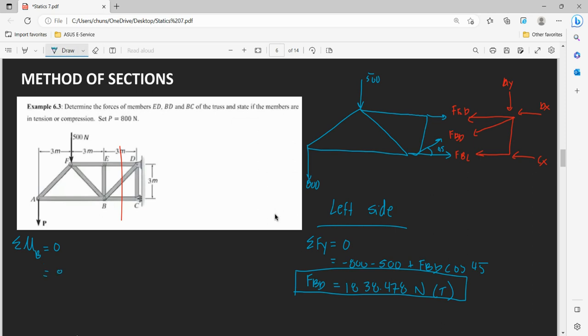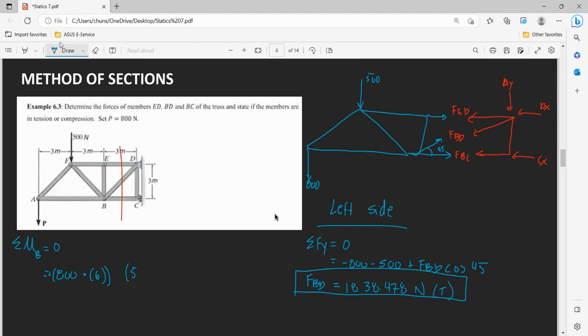So this would be 800, so that's our external force, and how far is it? It is 6 meters to B, right? And we would have to go in a counterclockwise direction, so that is positive. And then for our 500, this would have to shift also 3 meters.